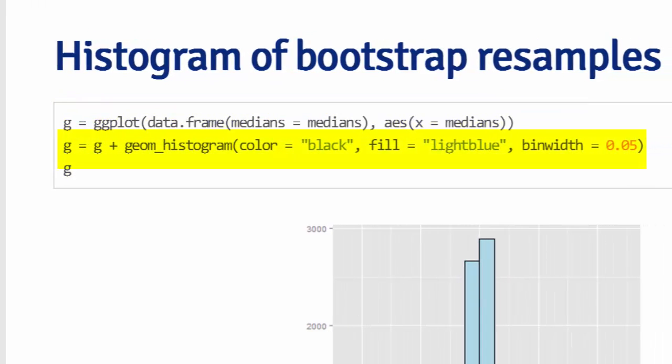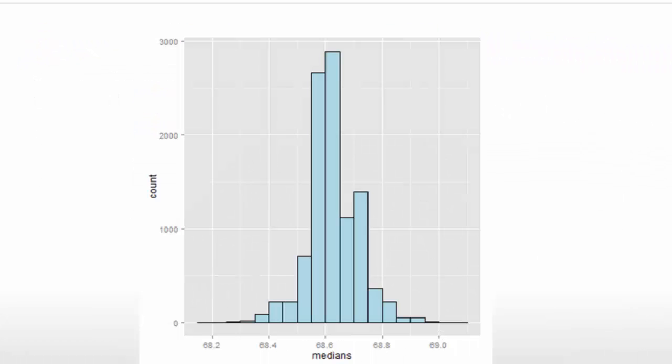Then I'm going to add a layer that is a histogram. The color black means the outside of the bars are black. Fill being light blue means I wanted the inside of the bars to be light blue. And binwidth is the width of the bins used to create my histogram. Then I type g to actually show the plot.